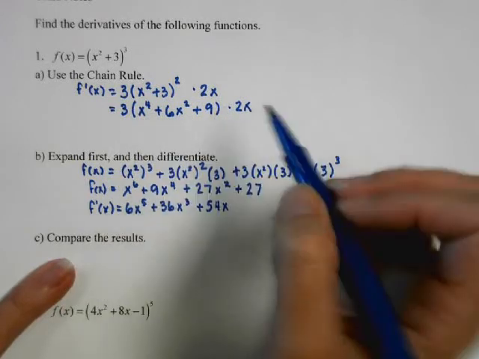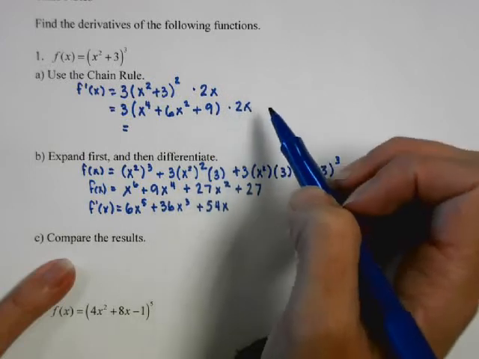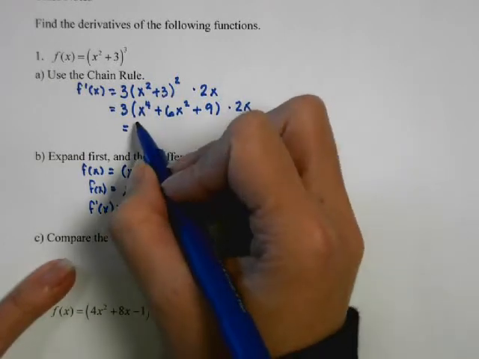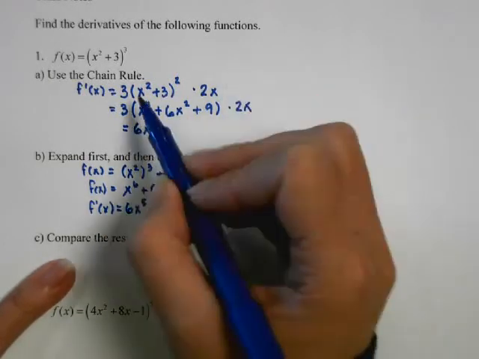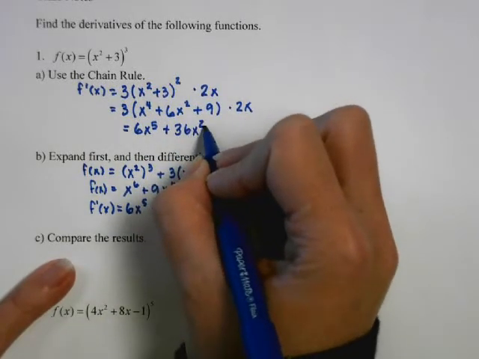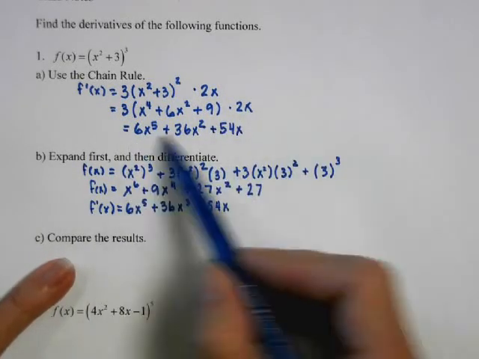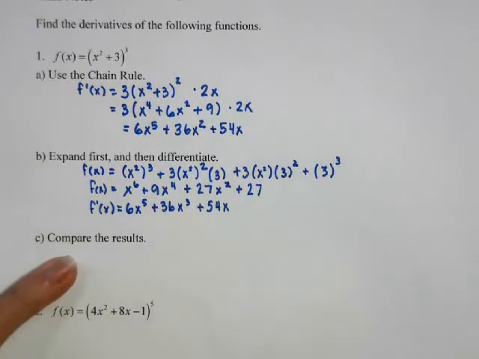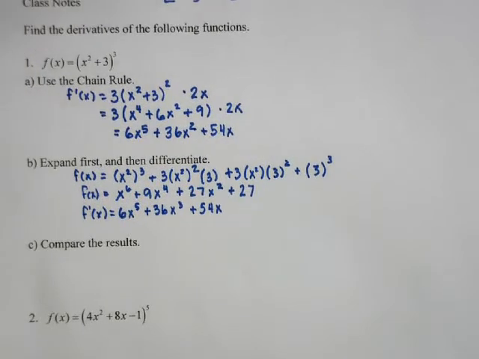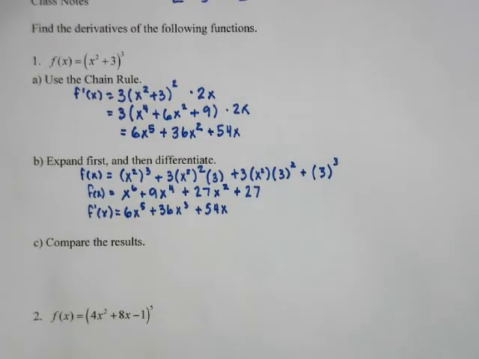So I'm going to have a 6x times each of these. 6x times x to the 4th is 6x to the 5th, 6x times 6x squared is 36x cubed, and 6x times 9 is 54x. So this and this are the same. There's not always just one way to do a problem. You can use the chain rule, or you can expand it and find the result.